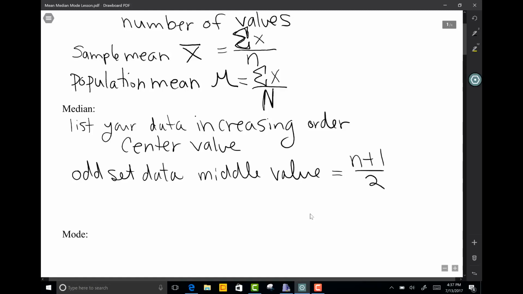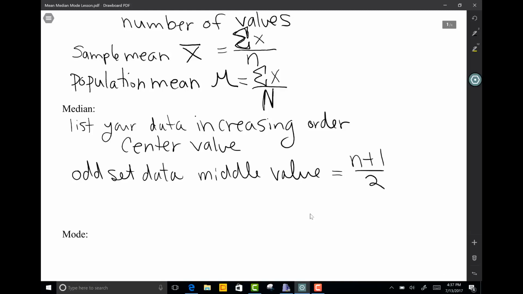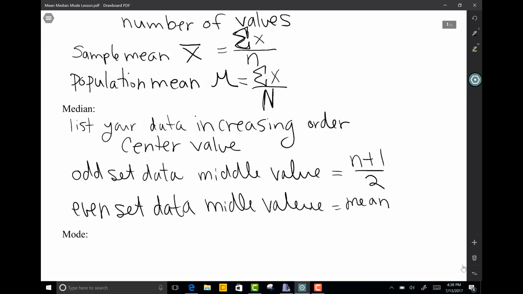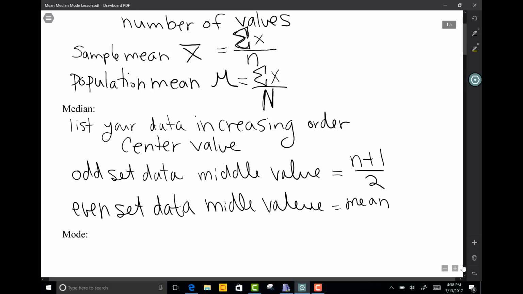So the fourth data value from the beginning of your data set, moving in increasing order, would be your center value, which would be your median. If you have an even set of data, the middle value is going to be the mean of the two center values. And this will all make a little bit more sense once we go through some examples.